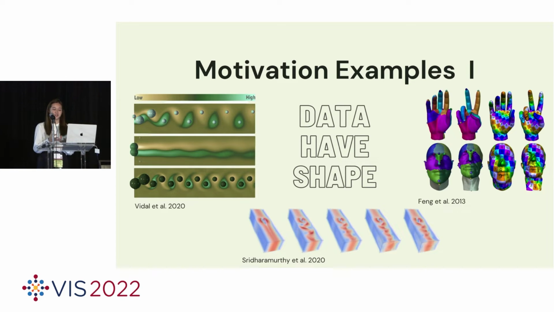So the answer is, of course, data have shape. And we want a method to capture the shape of data, especially for some complex large data sets. For example, here I put several different data sets we can use to do topological comparisons, for ensemble data sets, 3D shapes, and also scalar fields.